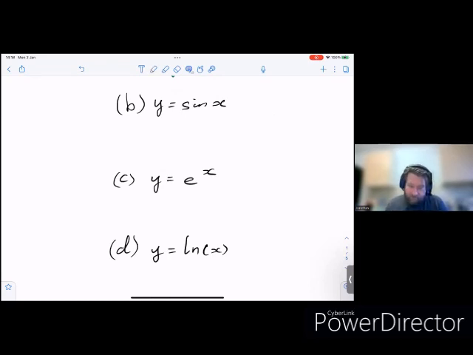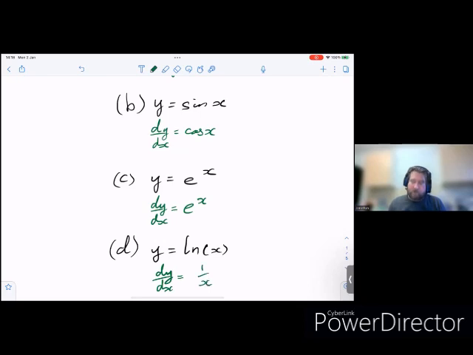Differentiating sine x, we get dy by dx equals cos x. If it's e to the x, it just stays the same. And natural log of x becomes 1 over x. Okay, that's all the different functions we'll be looking at today.